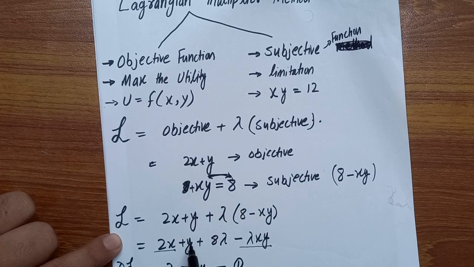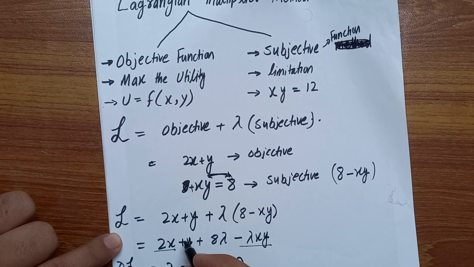Now we find the partial derivative with respect to y. The partial of the Lagrangian with respect to y is equal to 1, since y is removed and its coefficient 1 remains, and in the other term the y is removed and minus lambda x remains. This is equation 2.